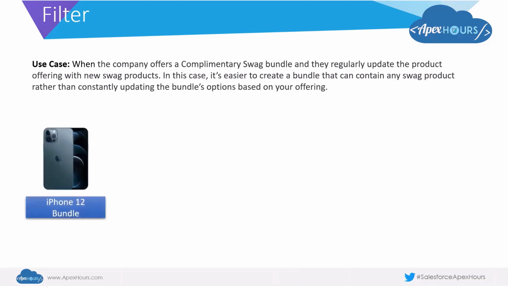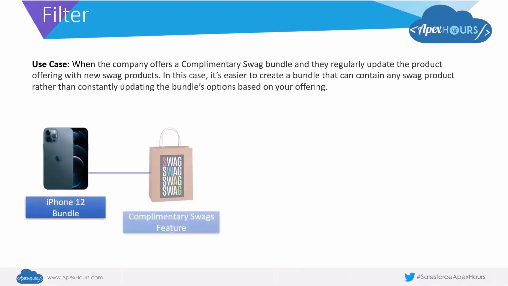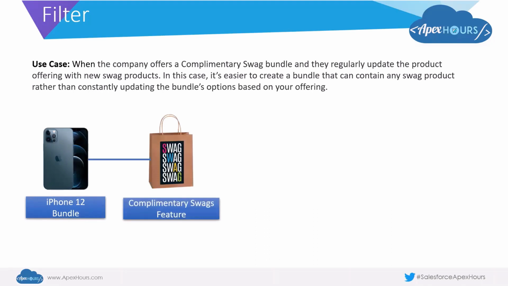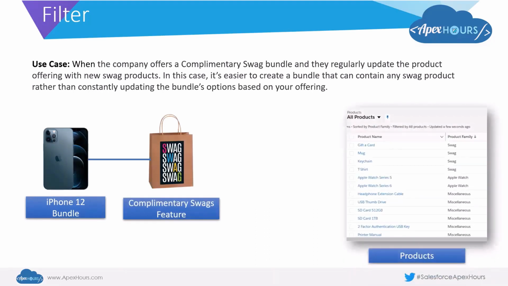So in our use case, we have an iPhone 12 bundle, and we have a feature for complementary swags. So we have a list of products which are of different product families, right? We have swags, we have Apple Watches, we have hardware, we have software, we have miscellaneous products. So we have a huge product catalog.